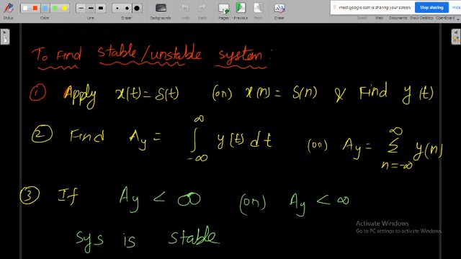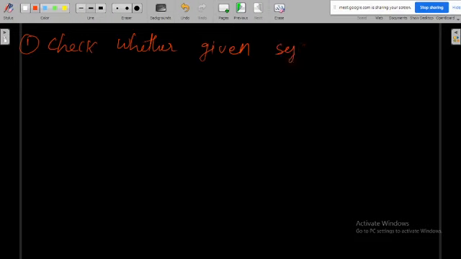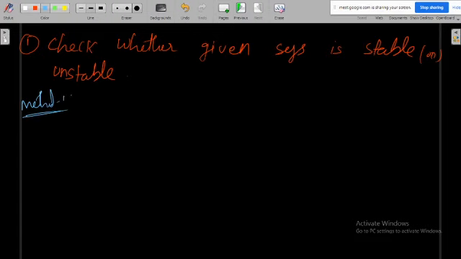Check whether the given system is stable or unstable. I'll go by method 1.